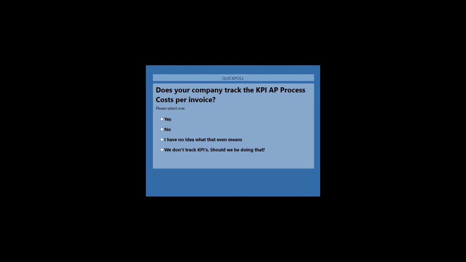It's a general question to get an idea of where you are in your knowledge and awareness of those KPIs. All right, results are coming in. We'll give it just a little bit more time. So let's see, the results are fairly evenly spread across the board, with maybe the 'nos' winning by a bit.